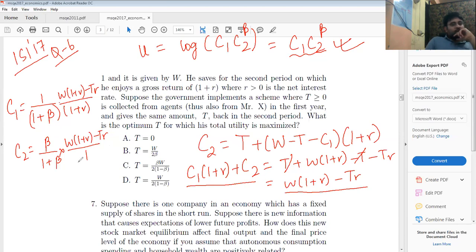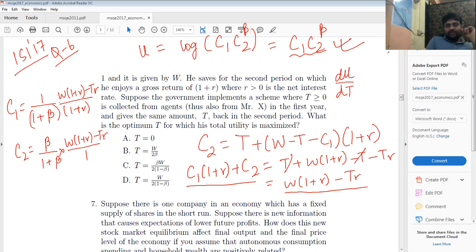Correct? Now, in order to see how much tax I should have, I need to find out the effect of tax on the utility. So I have to find out du dt. What is the effect of tax on the utility? So what is du dt?